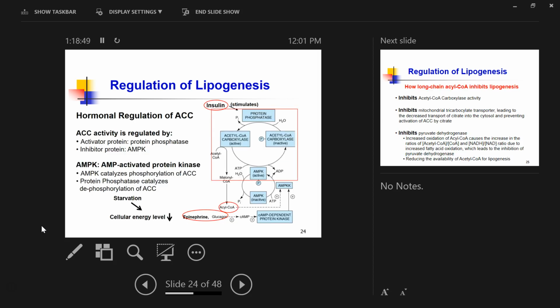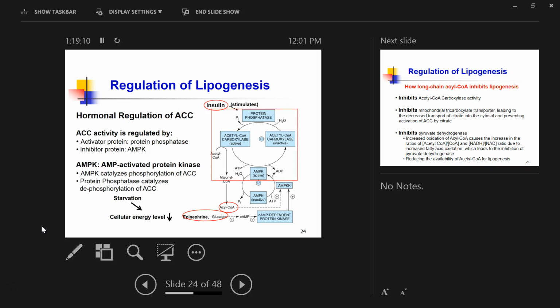Now I wanted to introduce one very important enzyme that also is involved in the regulation of ACC. That is called AMP-activated protein kinase, AMPK, right?